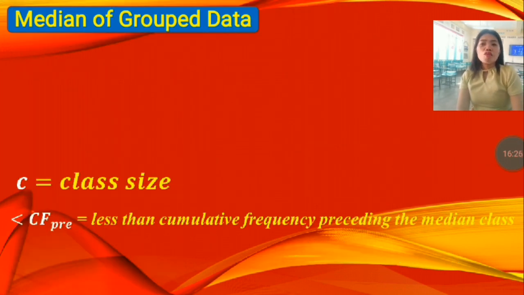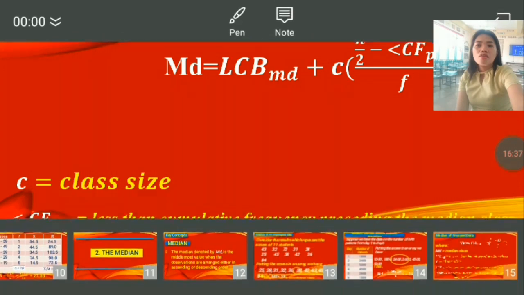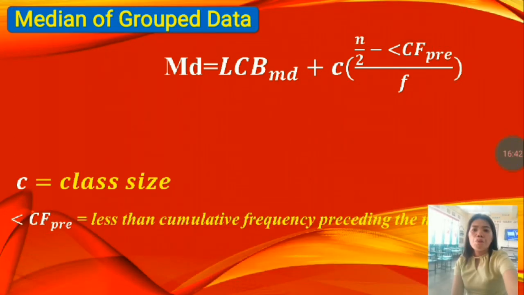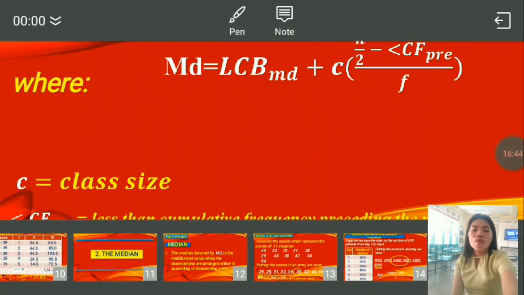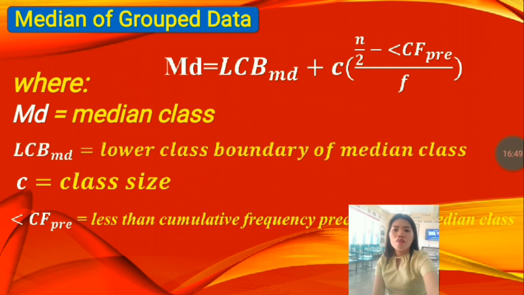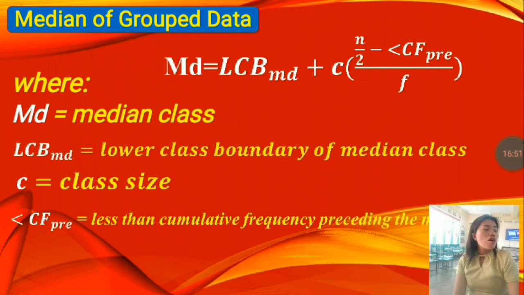Now let us proceed to the median of grouped data. This time we will be dealing with the frequency distribution table again. So let's start with its formula. Okay, so we have here the formula of the median for grouped data.